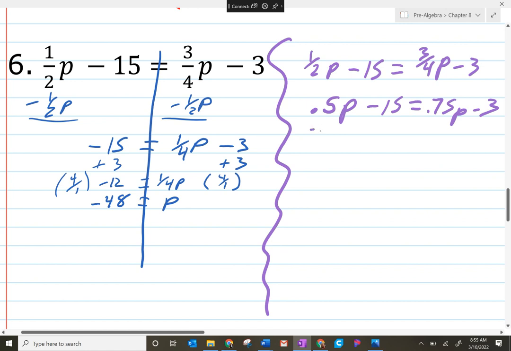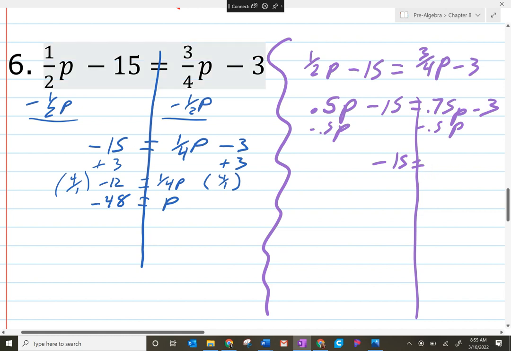Now I can work through things nice and easy. I'm going to subtract 0.5 from both sides. Oh, forgot to draw my line. Minus 0.5 p. I get negative 15. Let me skip a line. This is a thicker pen. So I get negative 15 equals, not negative, 0.25 p minus 3. So plus 3 to both sides. I get negative 12 equals 0.25 p.